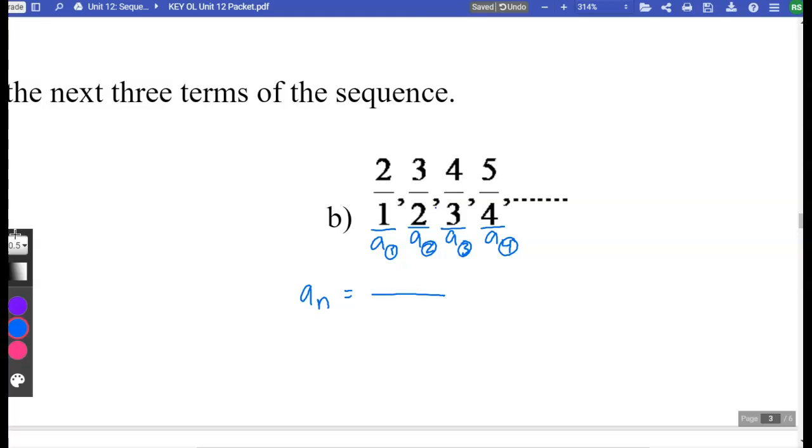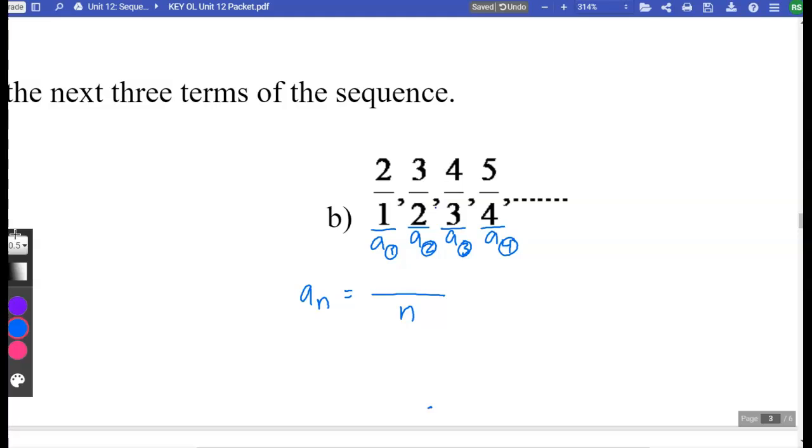What is that term position? What variable can I replace that with? Or have we been replacing that with? N, yes. The term's value is equal to n, the position number.